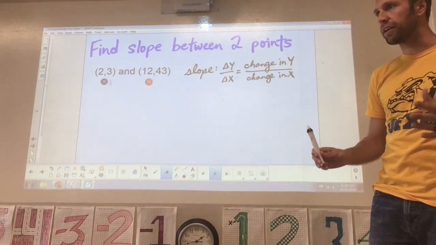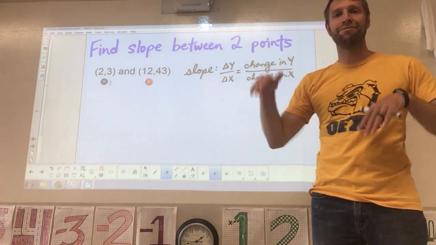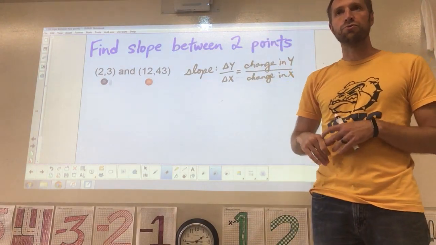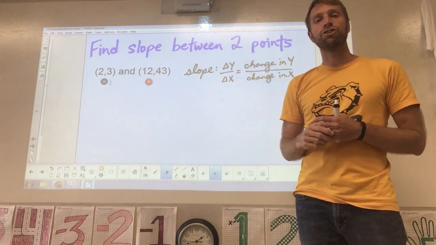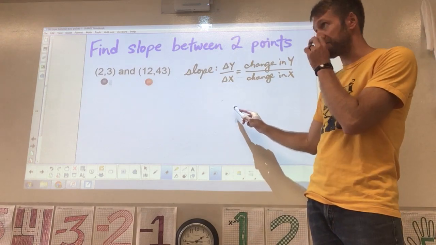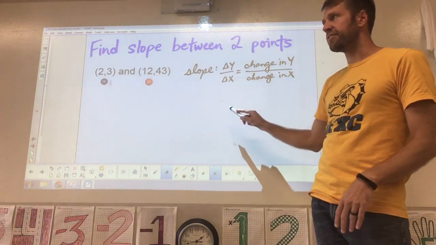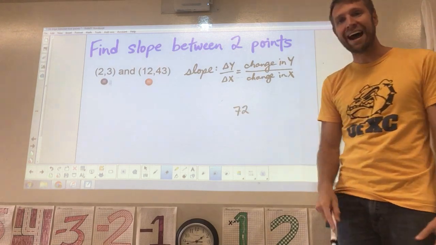So real quick, if I said, hey, how much has your height changed since you were 5 till now? That would be a positive change, right? We're growing. So you would want to take your newest height. How tall would I be right now? 6 feet tall. So maybe I'm like 72 inches now.